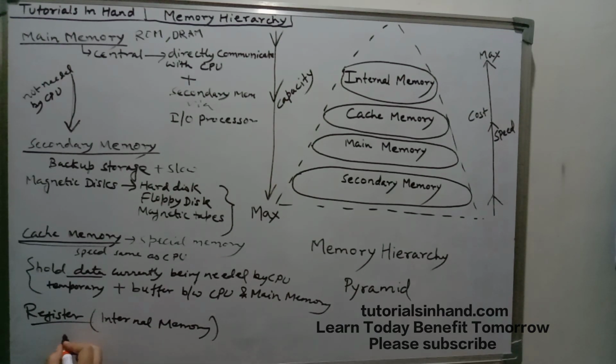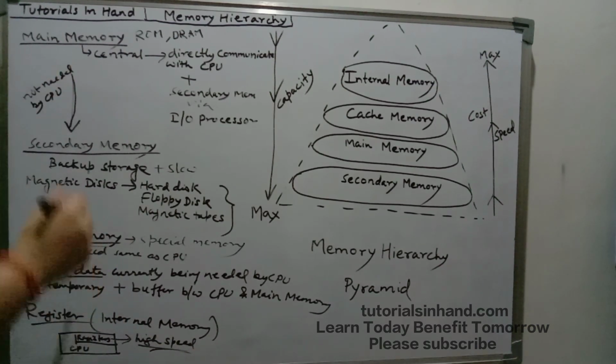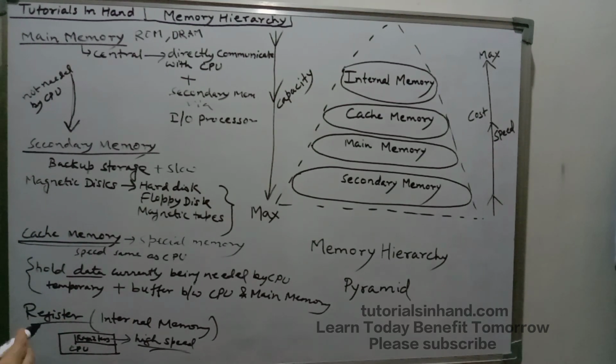And if you talk about CPU, suppose this is a CPU, then within CPU we have these high speed registers already present in it, and that is why the speed of CPU is also very high, and that is why we need cache memory to accommodate the difference that is present between the CPU and main memory, and that is when register or internal memory is needed.